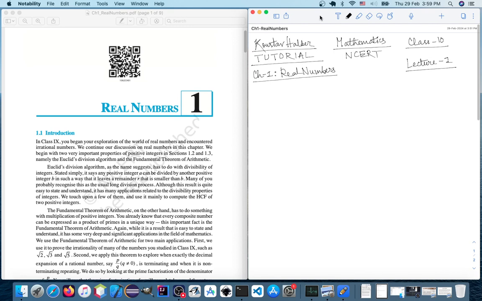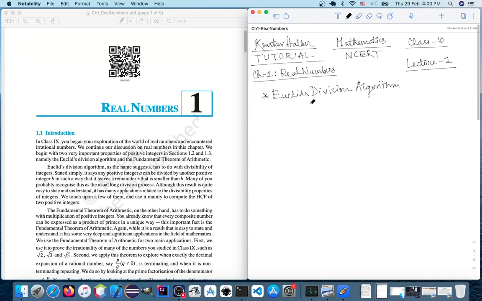Now, in this chapter, the two important things that we will learn are Euclid's division algorithm and the fundamental theorem of arithmetic.